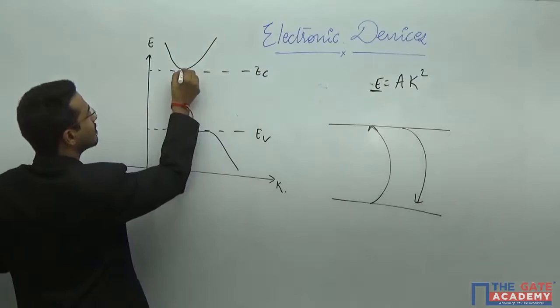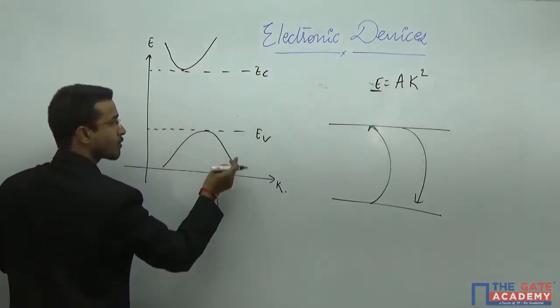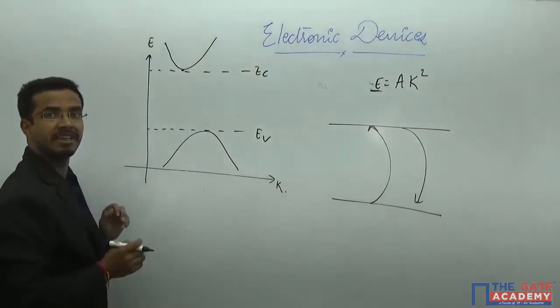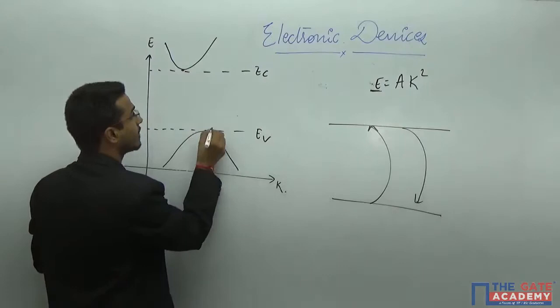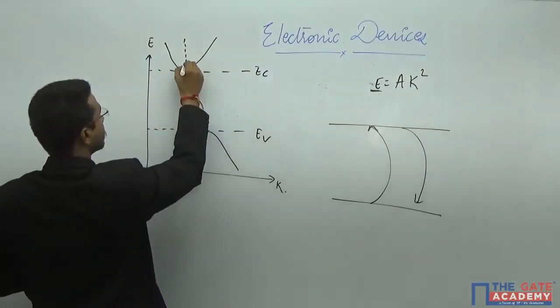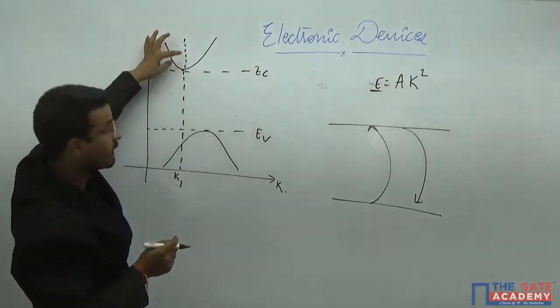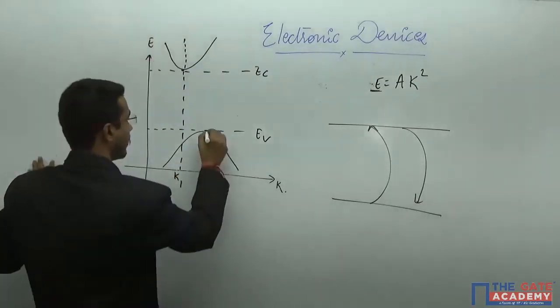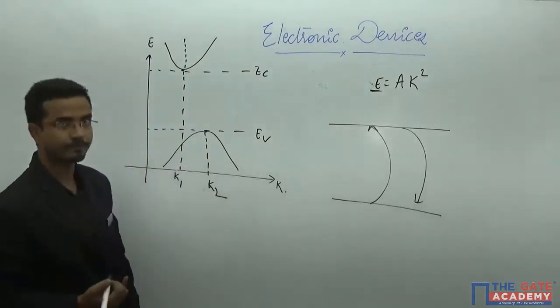And the least value of this is known as EC, and the most value of this is known as EV. It will touch this. Okay, and the maximum value is nothing but this is EV and this is EC. And if I say this is K1, the momentum of this particle, the electron at this moment, and it is a momentum K2.